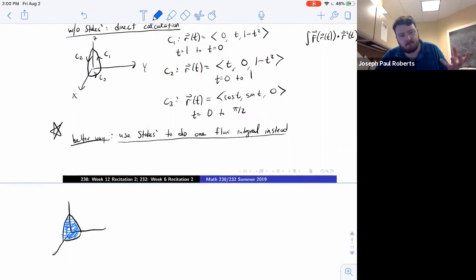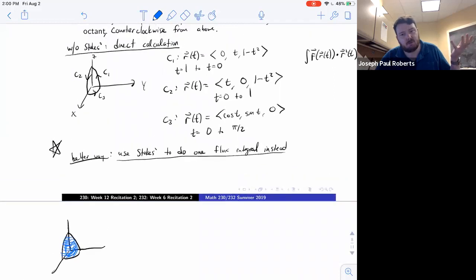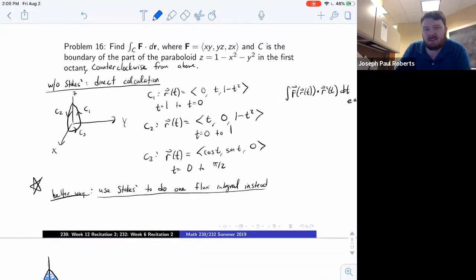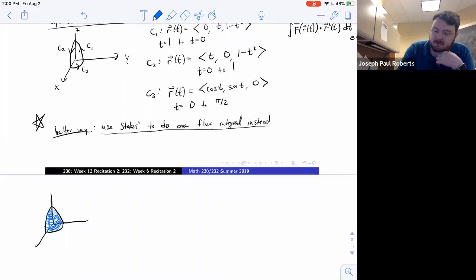So there's no plane that has this curve C as its boundary, the two parabola pieces and the circle piece. However, the paraboloid has it as its boundary, because that's how it's given to us, the boundary of the part of the paraboloid. That's a huge hint that that's what we want to use for S.